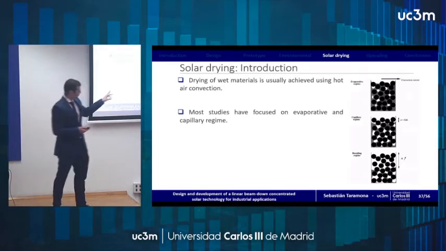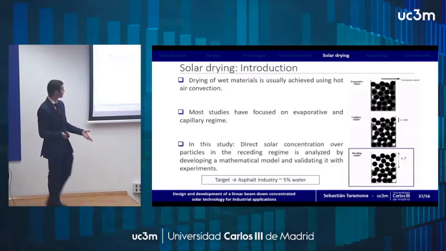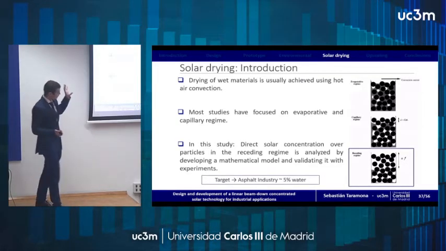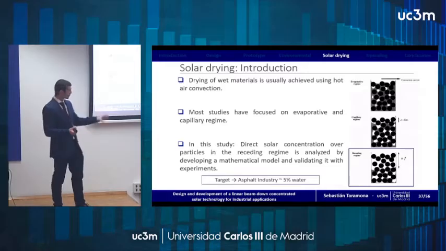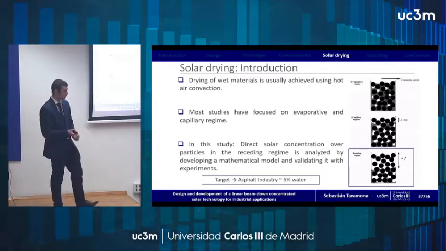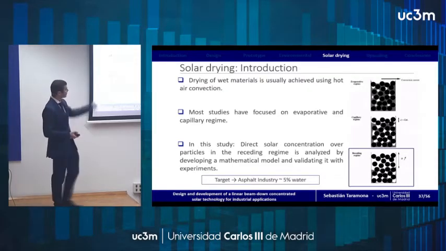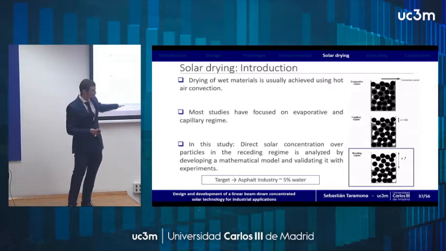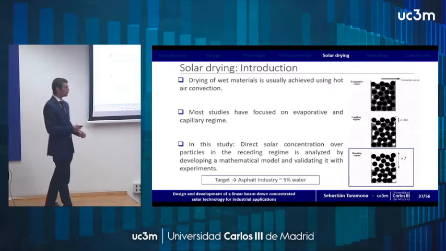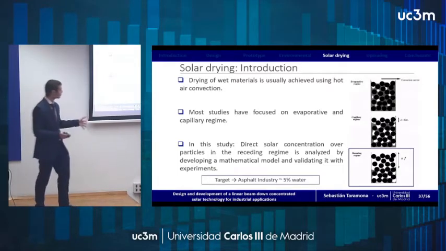But these two do not match the amount of water content that we're aiming to process, as for example, the asphalt material. So in this section, what we'll be doing is developing a drying model that considers first the solar concentration as the driving motor, and then only the receding regime, because, for example, for the asphalt industry, we have to dry around 5% water content, which does not involve those water bridges and capillary effects, and they do not apply in this case.